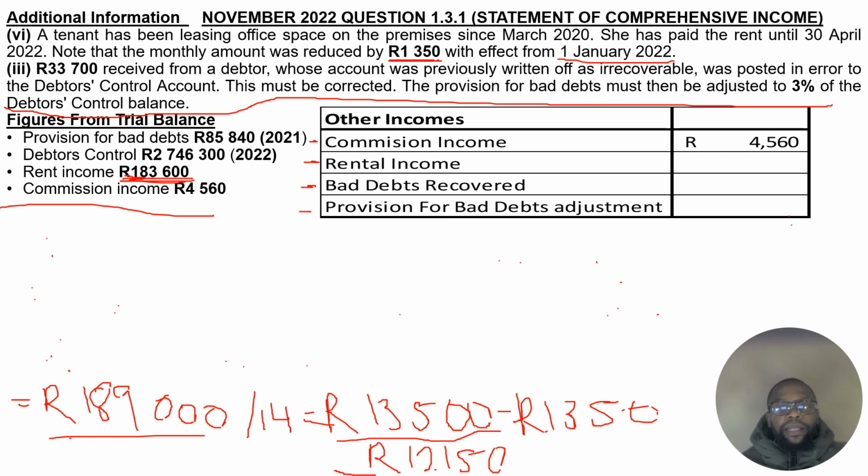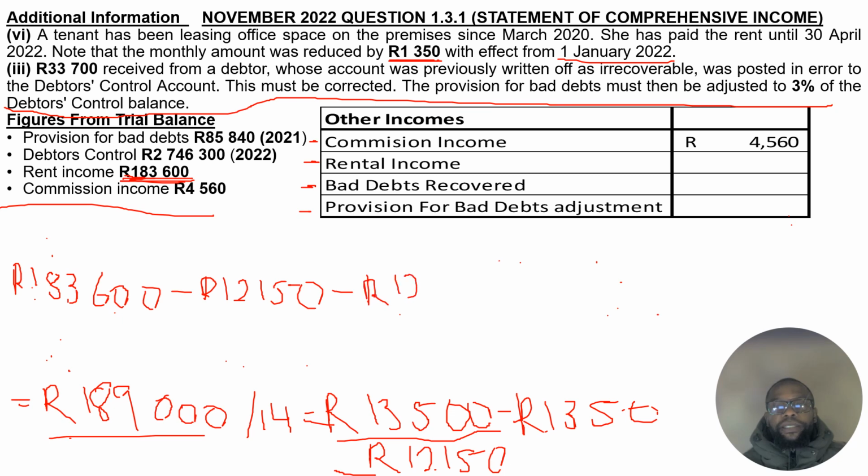So the monthly rent that is paid is 183,600. Now we are deducting 12,150 for March. We are also deducting 12,150 for April.